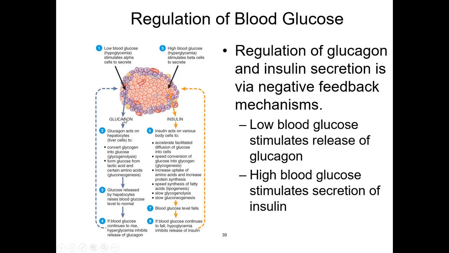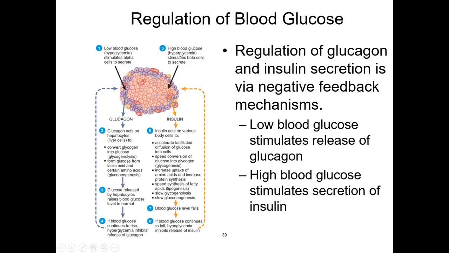They secrete glucagon, and glucagon goes to the liver and tells the liver cells to take glycogen, change it into glucose, or make glucose from other substances. This glucose from the liver is released into the blood, and so blood glucose will be normalized. Again, we took a low blood glucose scenario and reversed it. So this is negative feedback. We normalized blood glucose levels.